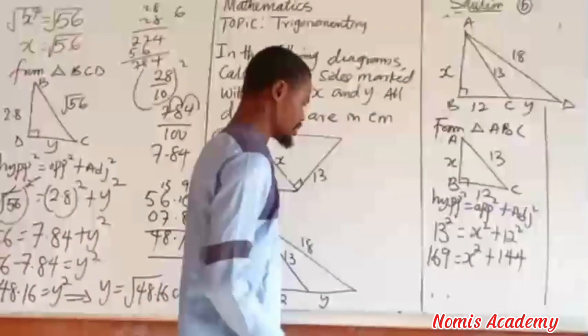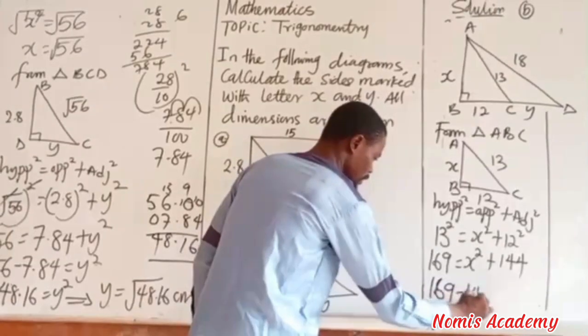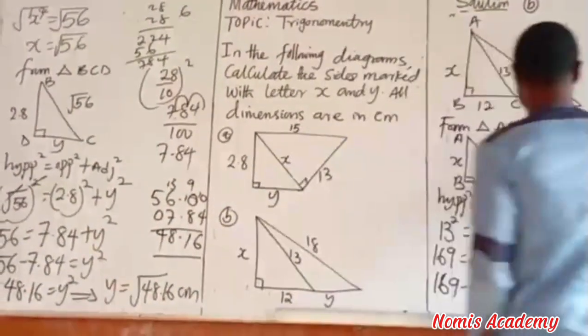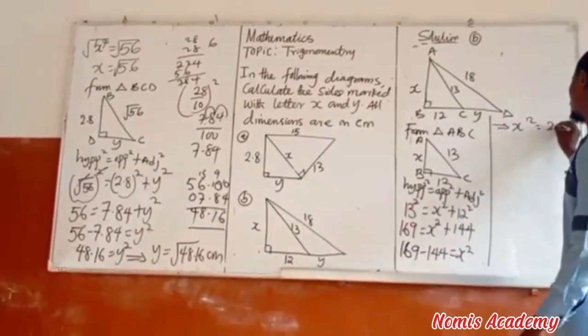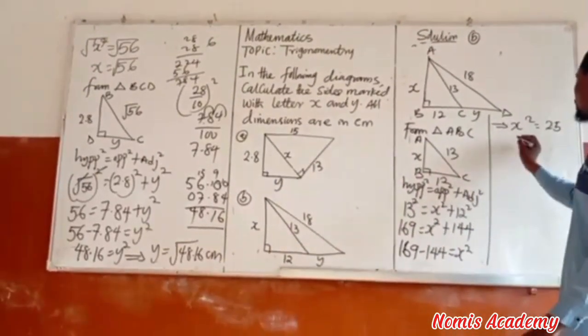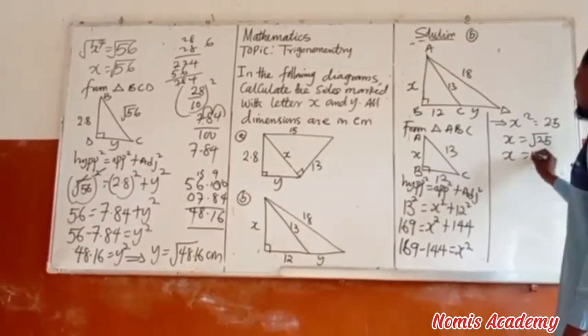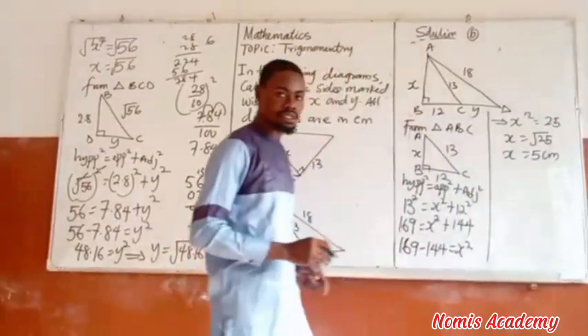We are looking for S. We now have 169 minus 144 is equal to S squared, which implies that S squared is equal to 25. You take the square root of both sides, we have S equals the square root of 25. S equals 5 centimeters, which means that this S is now 5 centimeters.